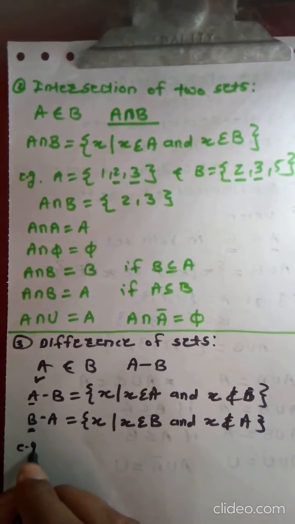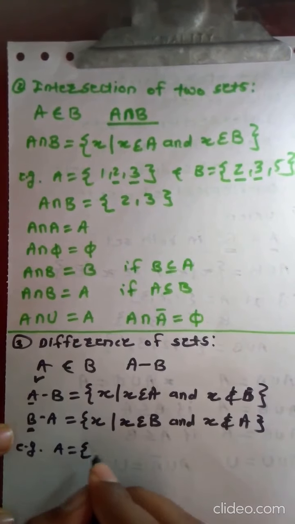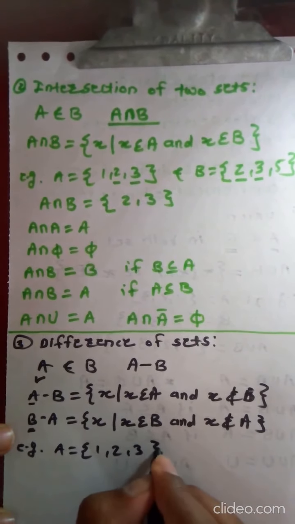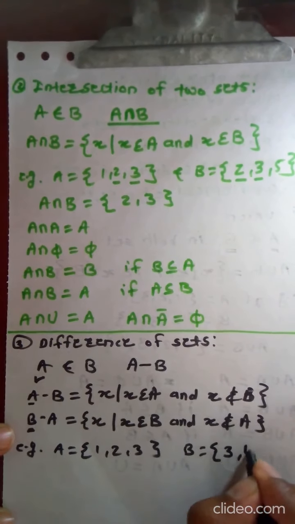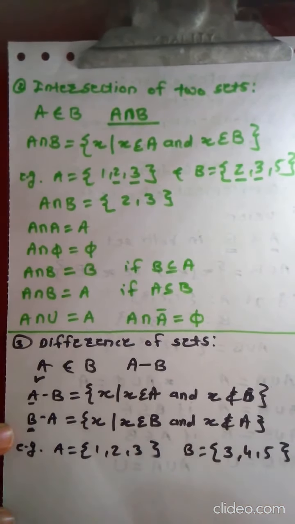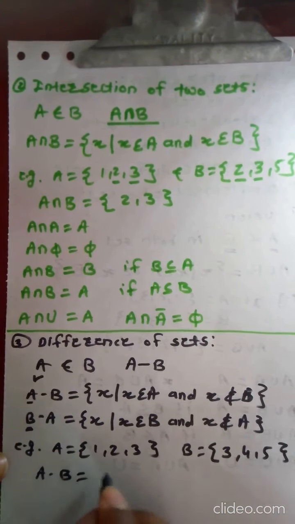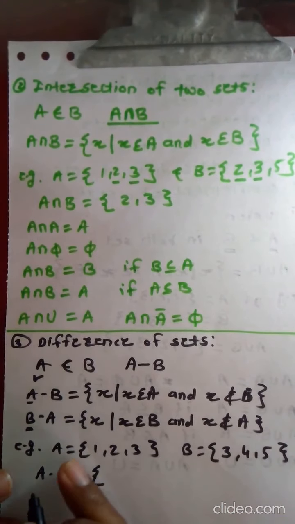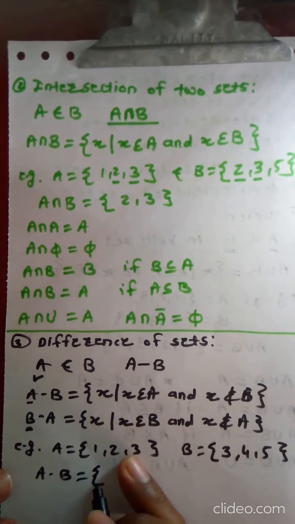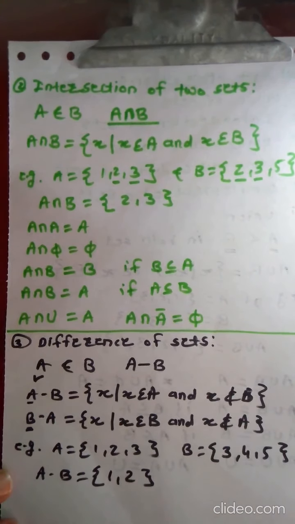Example. Consider A is equal to {1, 2, 3} and B is equal to {3, 4, 5}. Then A minus B is equal to, subtract the common element, that is, subtract set B from set A, so 3 will be subtracted from A, and the remaining elements are 1, 2, right?